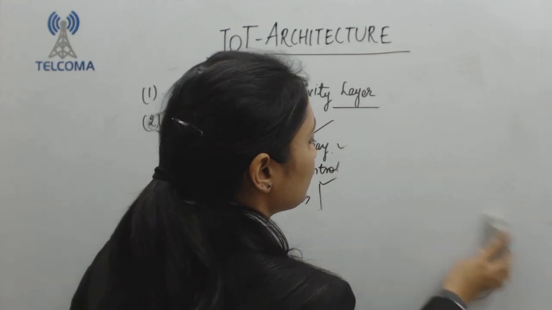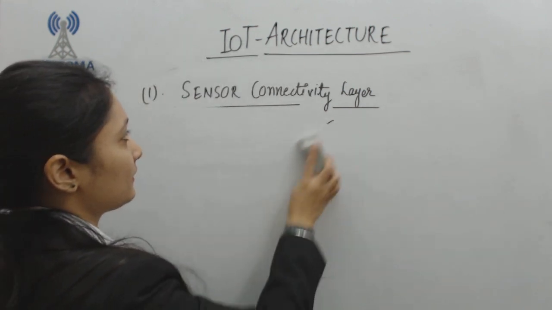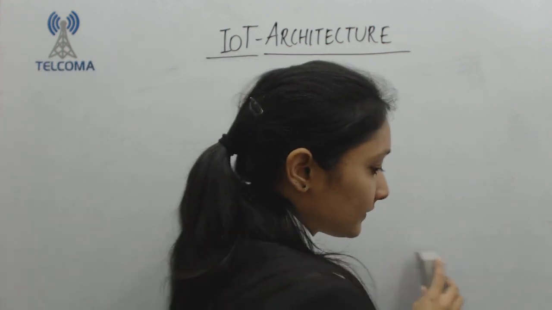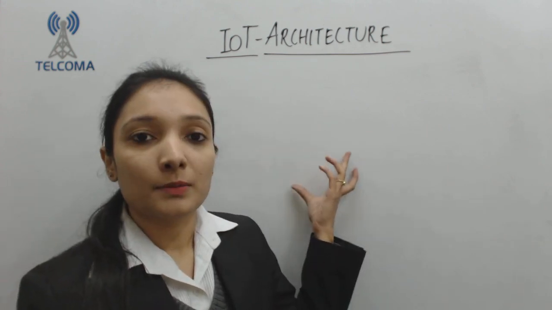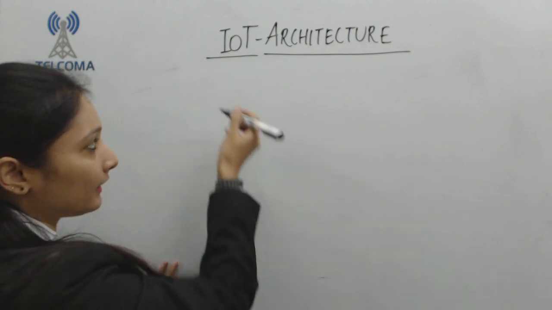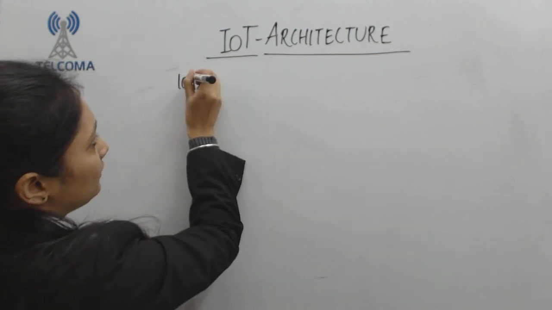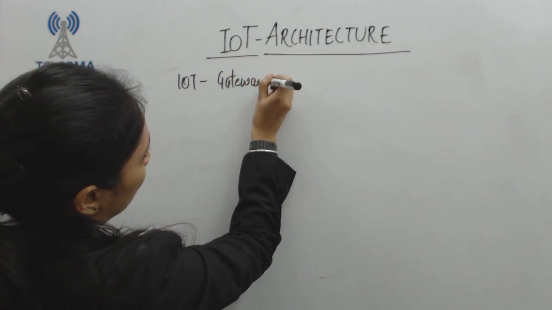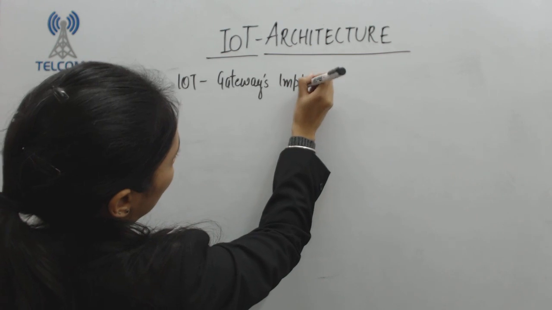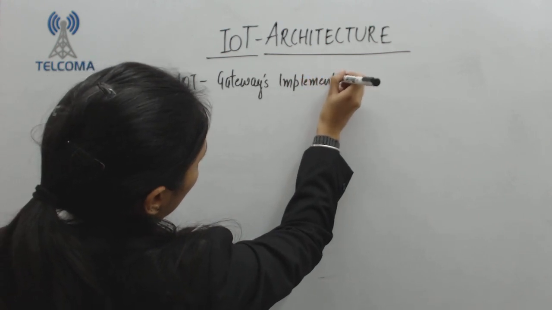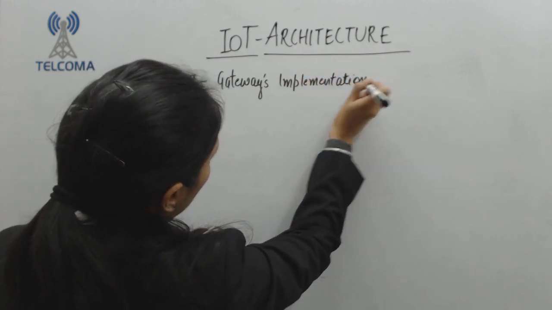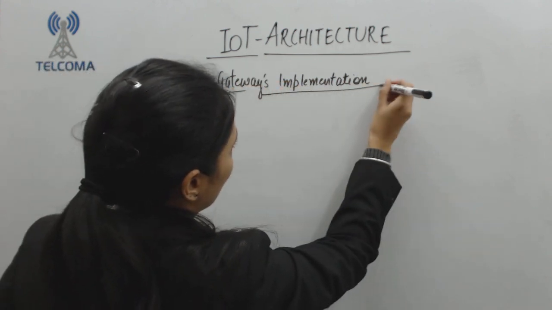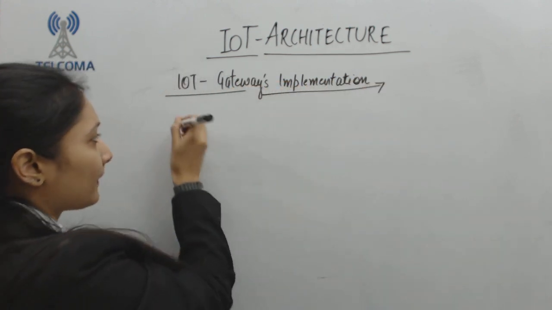After that, we look at how these gateways can be implemented within your IoT. We have basically three different categories of IoT gateway implementation.